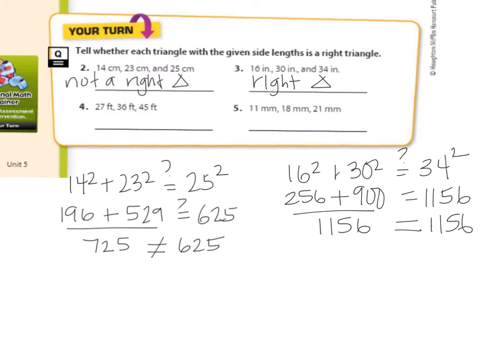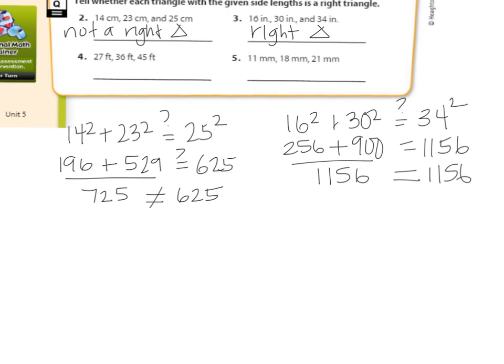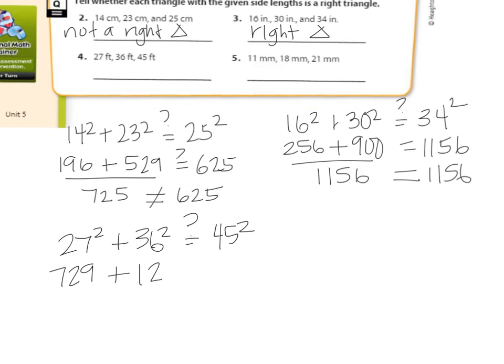We're going to go ahead and check these last two here on Your Turn. And we've got 27 squared plus 36 squared maybe equals 45 squared. So 27 squared, 27 times 27 is 729, plus 36 squared, which is 36 times 36, 1296.